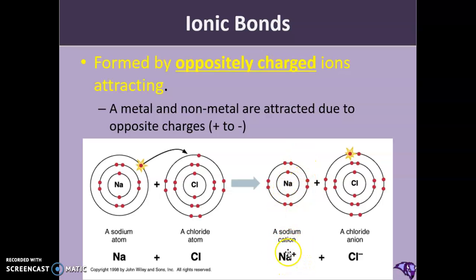Chlorine, on the other hand, has gained that electron, so it has gained negativity, so it becomes negative. That positive and negative oppositely charged atoms is what holds these two atoms together. That is called an ionic bond. Often these are a metal and a non-metal that are combining and joining in this way.